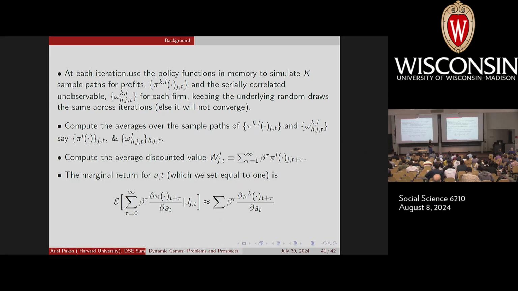I'm going to take the expected discounted value associated with those averages, and I'm going to assume that that's approximately the expected discounted value for these policies. So I'm going to assume that this is an approximation for this expectation.